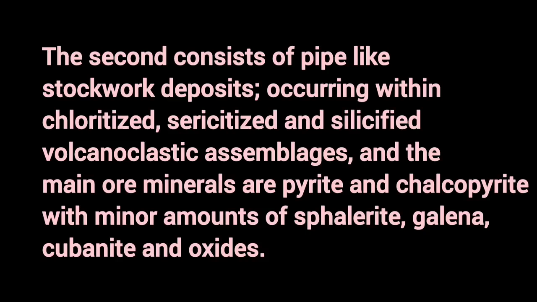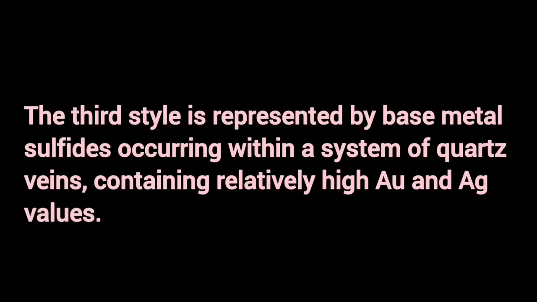The second consists of pipe-like stockwork deposits occurring within chloritized, sericitized, and silicified volcaniclastic assemblages, and the main ore minerals are pyrite and chalcopyrite with minor amounts of sphalerite, galena, cubanite, and oxides. The third style is represented by base metal sulfides occurring within a system of quartz veins containing relatively high gold and silver values.